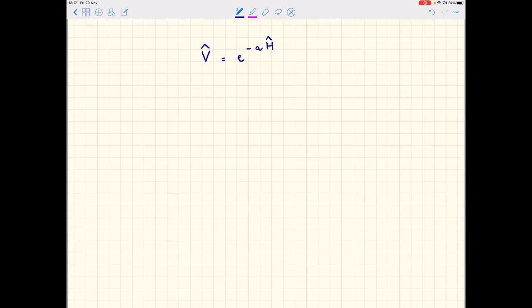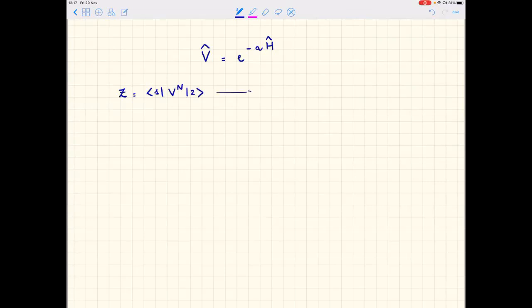Why it is useful to do this comes from the fact that, for example, Z, as I told you, for non-periodic boundary conditions is essentially equal to this.